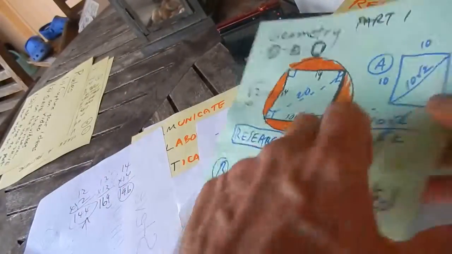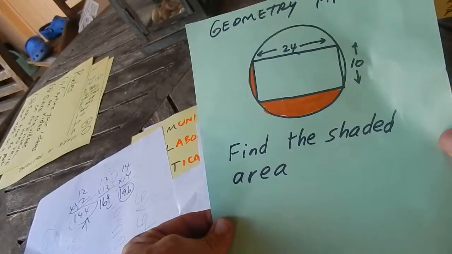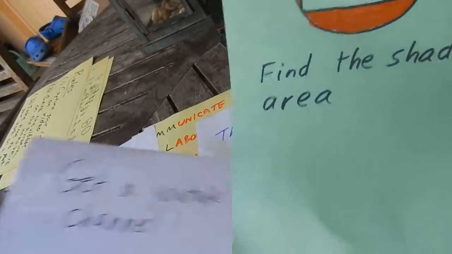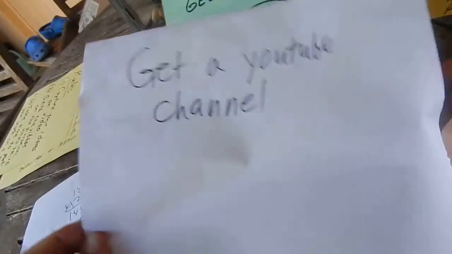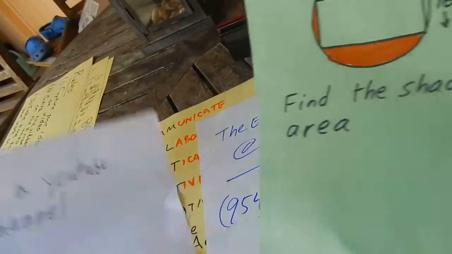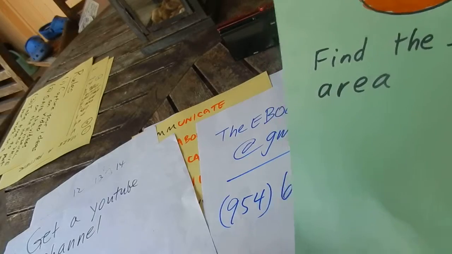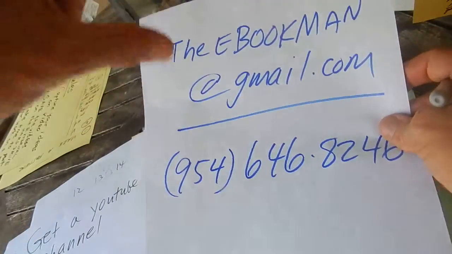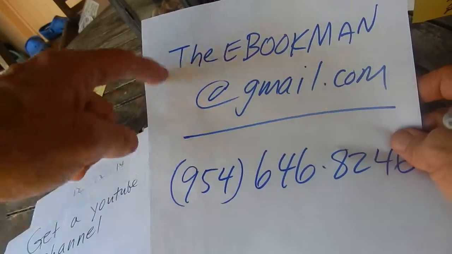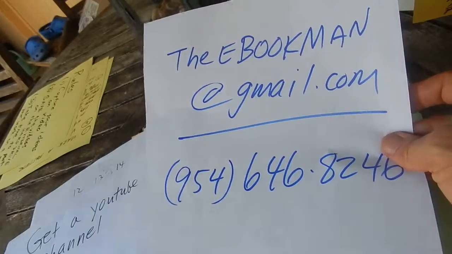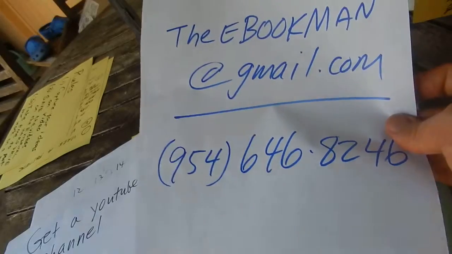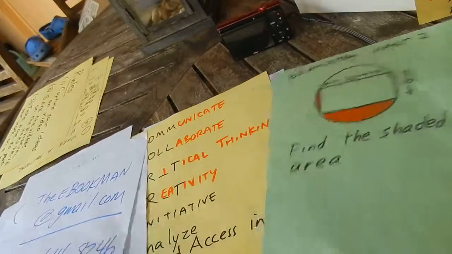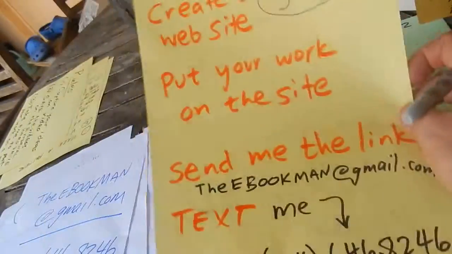I'd like you to try some of these steps to see if you can get here. And again, if you get the answer, I'd like you to videotape your answer and put it on YouTube, or draw it out and take pictures of your answer. Send it to my email address. Or you could make a website.